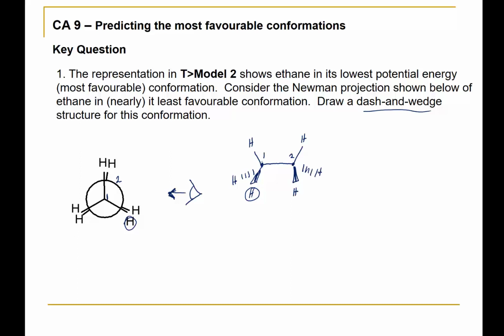Both of these representations, that is the Newman projection as well as the wedge and dash, represent a single conformer. Both can be used. Sometimes it's preferable to use the Newman projection in certain situations. Sometimes it's easier to use the wedge and dash. And you'll see as you start to work with these when one representation is more appropriate than the other.